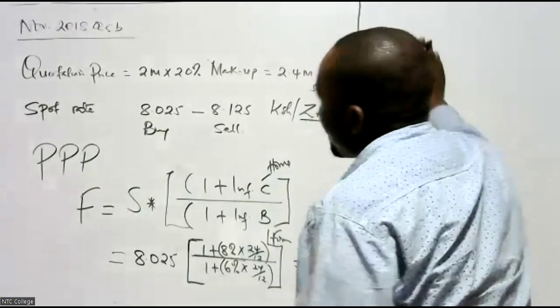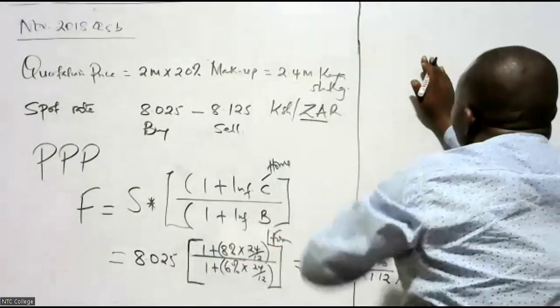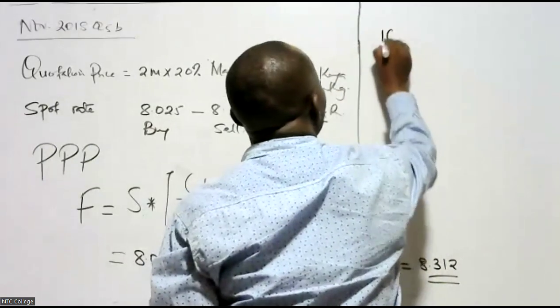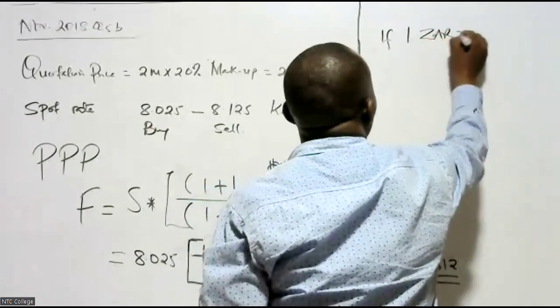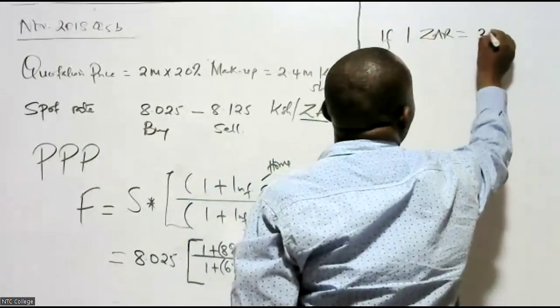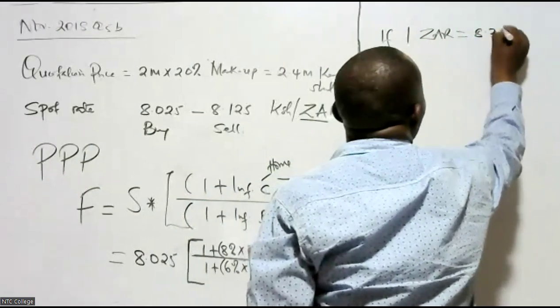So we are saying now that we know the rate in future. So in Kenya, we were to buy at 24. Kama ingekuwa Kenya ingekuwa 2.4. Now in ZAR. So you say that if 1 ZAR in 3 months time, of course, it will be 8.312.